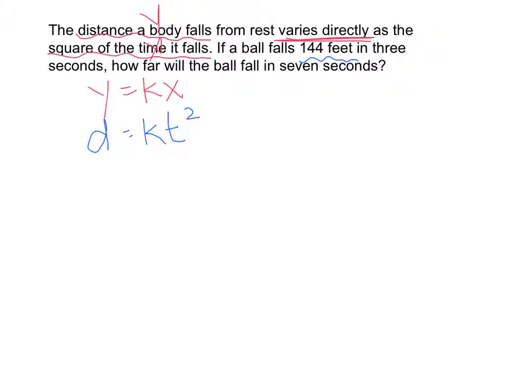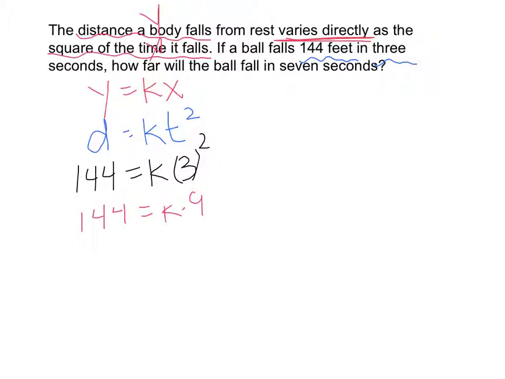The ball falls 144 feet in 3 seconds. So we plug that in, we get 144 equals k times 3 squared. So that would mean that 144 equals k times 9.